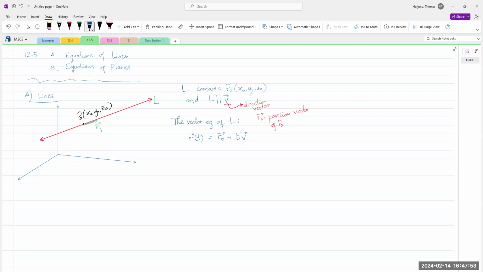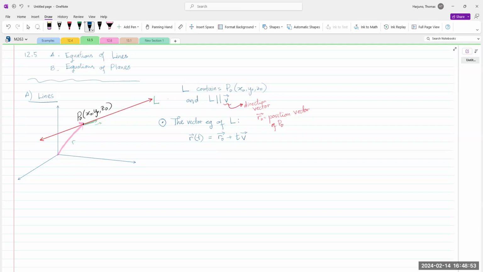I hope the notation r naught makes sense, because when you set t equals to 0 in that vector function, you will see just the position vector of the point P naught.